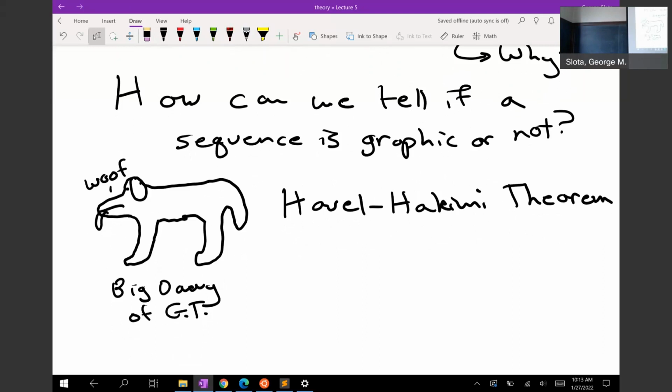So basically, this theorem is a characterization of sequences. Kind of, it can be used in an algorithmic fashion.